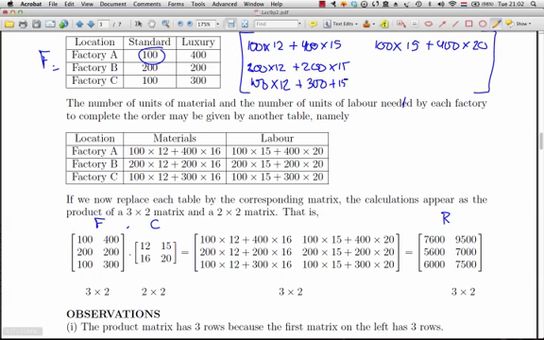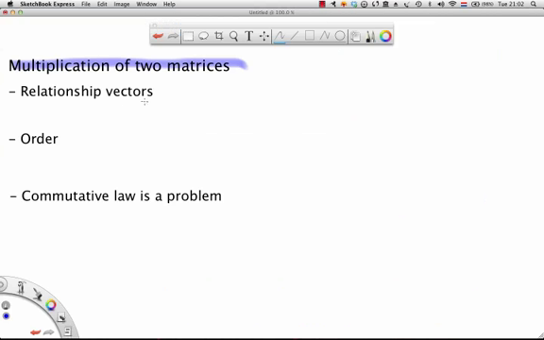Now very quickly, a few remarks about this. If you look at vectors, you see that vectors, for instance vector A of 1 over 2, could be viewed as a so-called column matrix, and for instance a vector B like 3, 4 could be viewed as a row matrix.